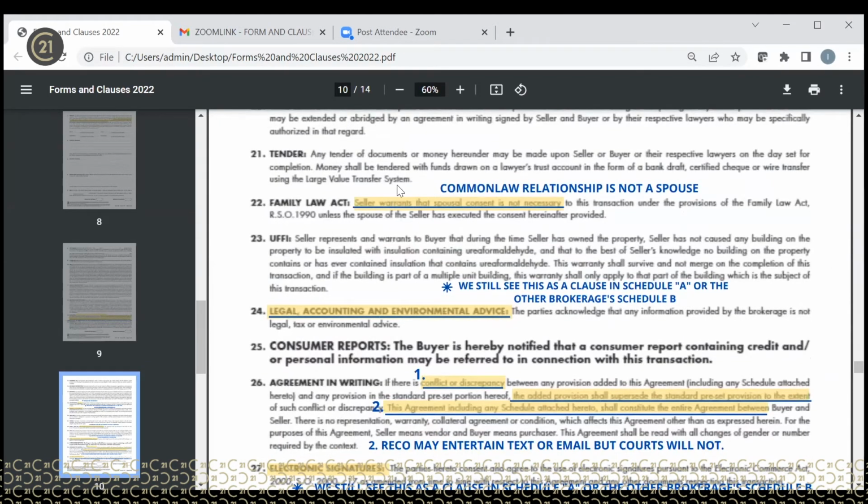The next one, Family Law Act. Just to let you know, and there's always questions about this, a common law relationship is not a spouse. It is not a legal spouse.